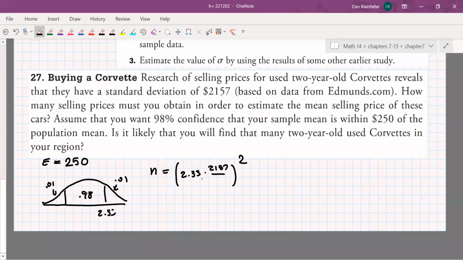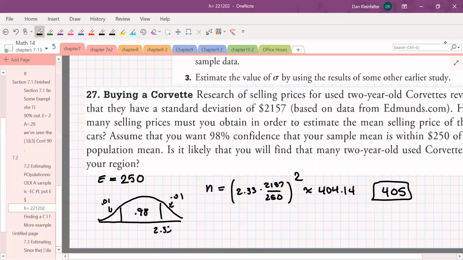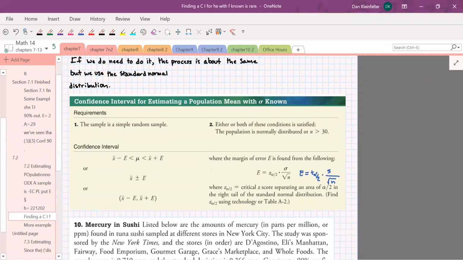And then our margin of error, we wanted to be within $250 of the mean. So let's calculate. Okay, so I'm getting 404.14. And with this, we should always round up. So we'll get 405. Sample size.